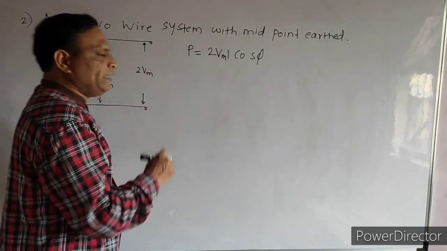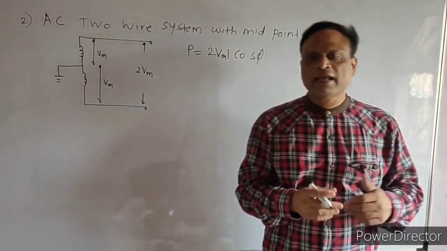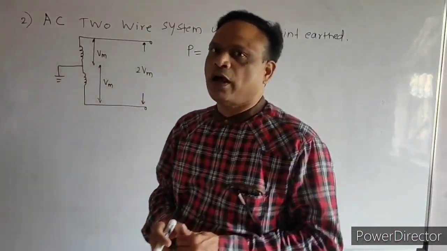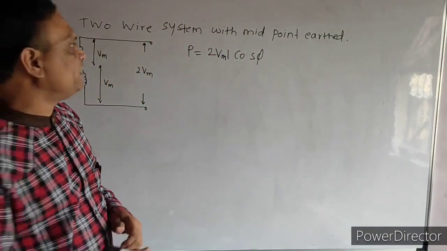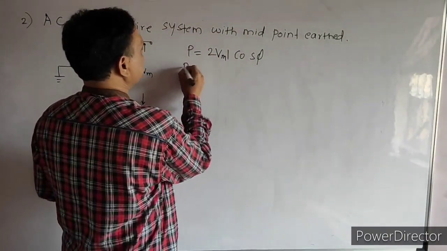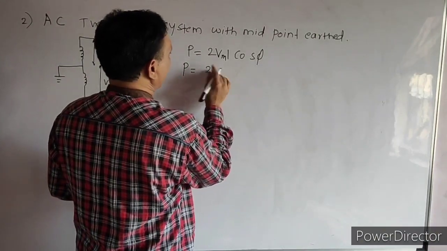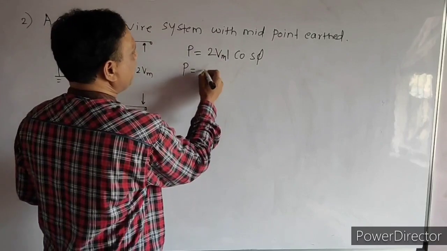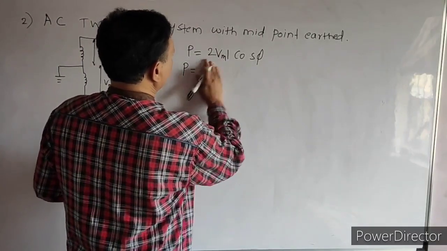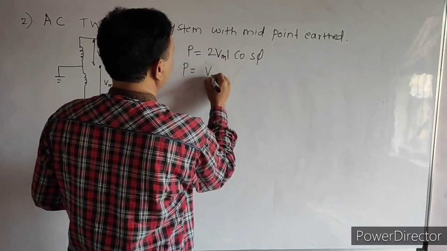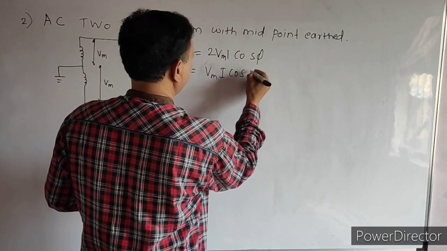Now in case of AC, I am always considering the RMS voltages, so I have to divide this by root 2, and only then can I get the value of the power transmitted. If I divide this by root 2, what I will get is root 2 Vm I cos phi.